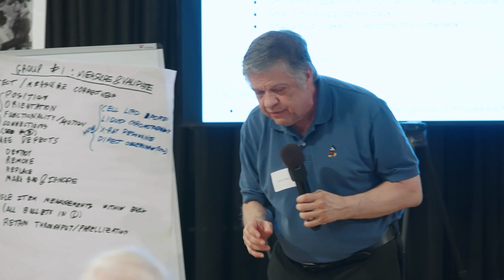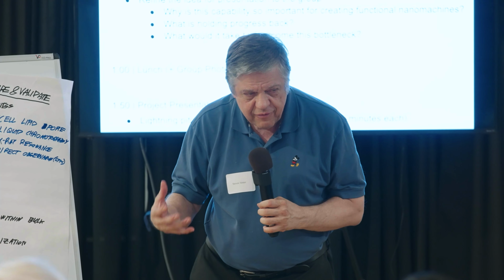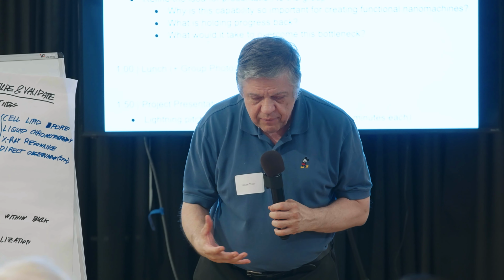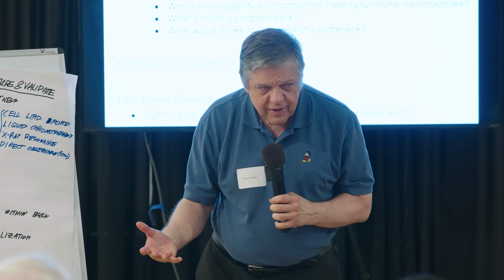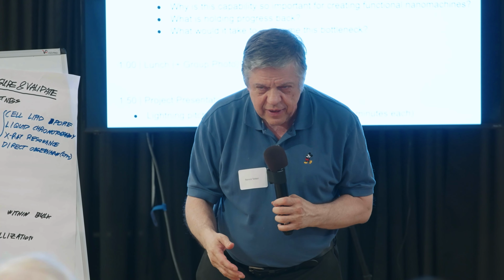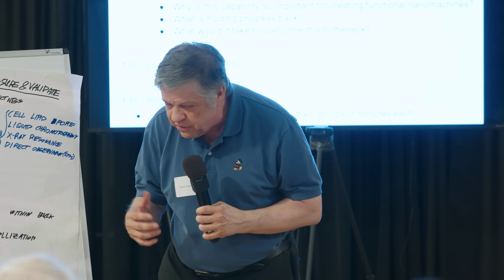We thought about how you measure, detect, and validate when you have 10 to the 10th things that you've produced and you want to find the 10 to the 3rd that aren't working. How do you do that?